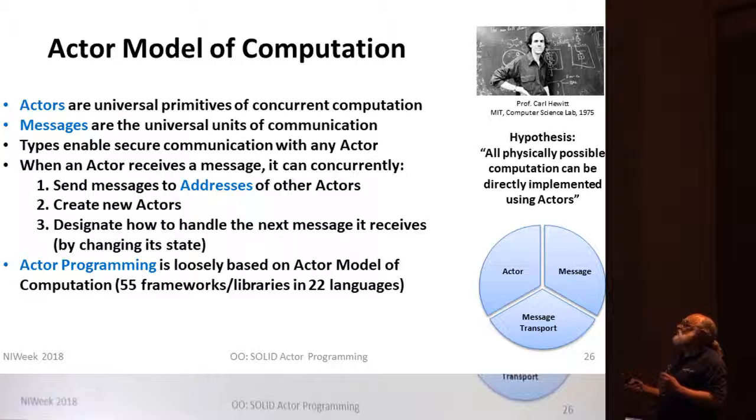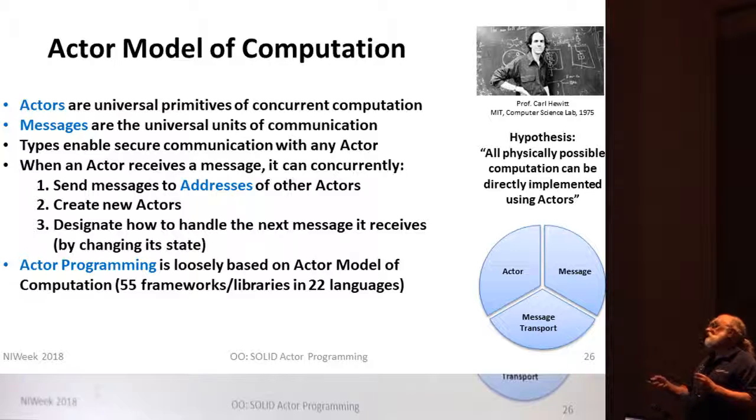And that model includes actors, which are universal primitives of concurrent computation. Messages are universal units of communication. Actors exchange messages. Messages are not shared. Once a message leaves one actor, it stops having access to that message.